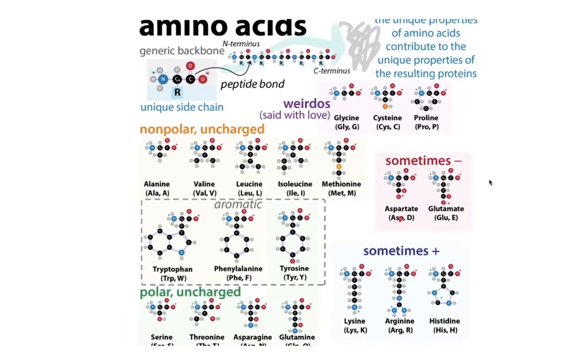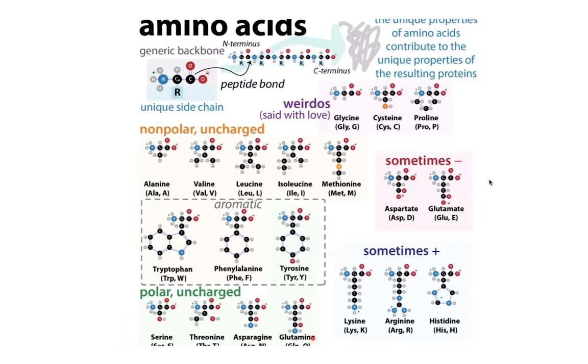So ASN is asparagine with an N, so think N, and it has that N on the end of ASN as well. N for asparagine, and it has this amide group at the end. The only potential complication with remembering N for that is that glutamine also has an N at the end of its name.